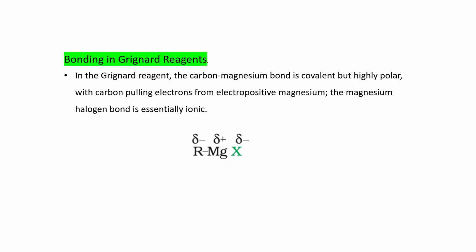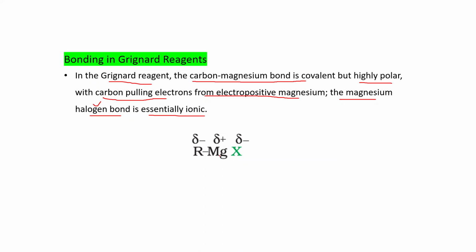Bonding in Grignard reagents. In Grignard reagent, the carbon magnesium bond is covalent but highly polar, with carbon pulling electrons from electropositive magnesium, and the magnesium halogen bond is essentially ionic.